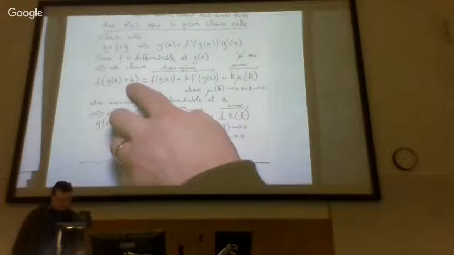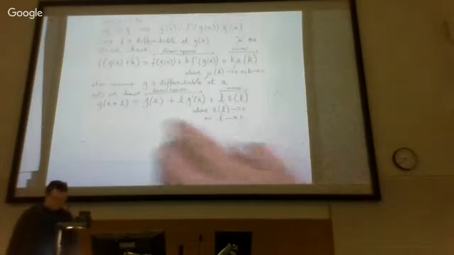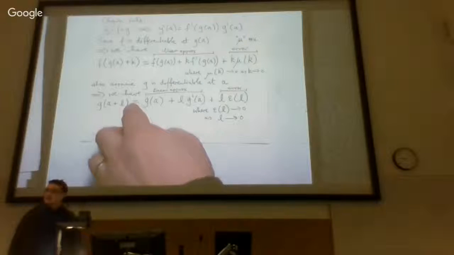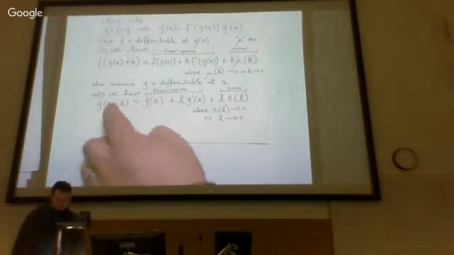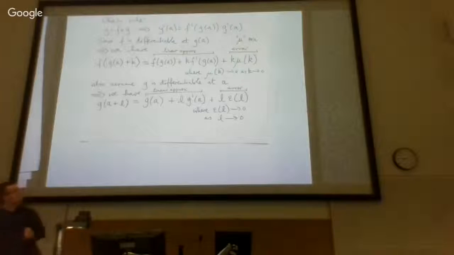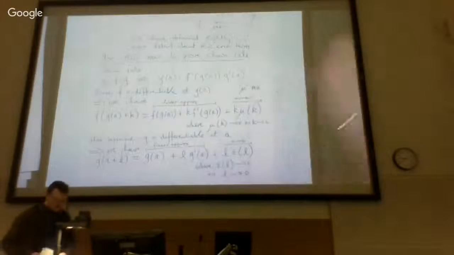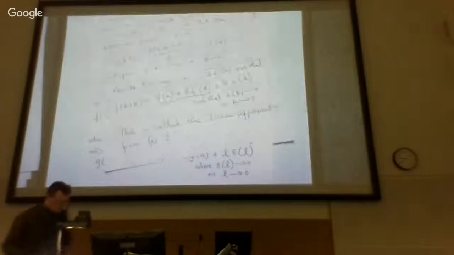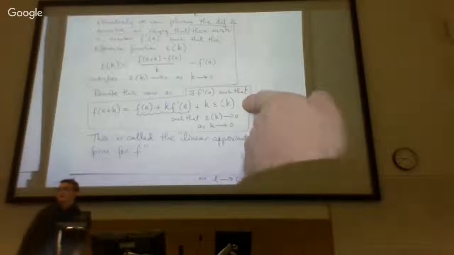So k is my little error term here, mu is the error function, and for g, I'm using l as the little error term, the difference term away from the base point, and epsilon as the error function. Okay? But these two things I've just written down here are just two instances of my linear differential form of the derivative.